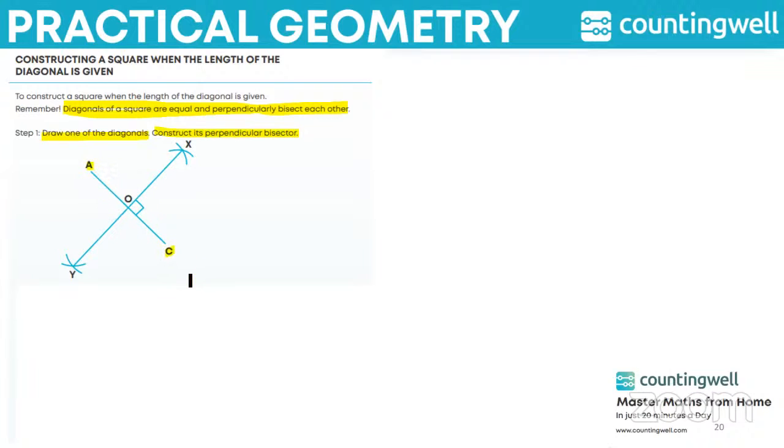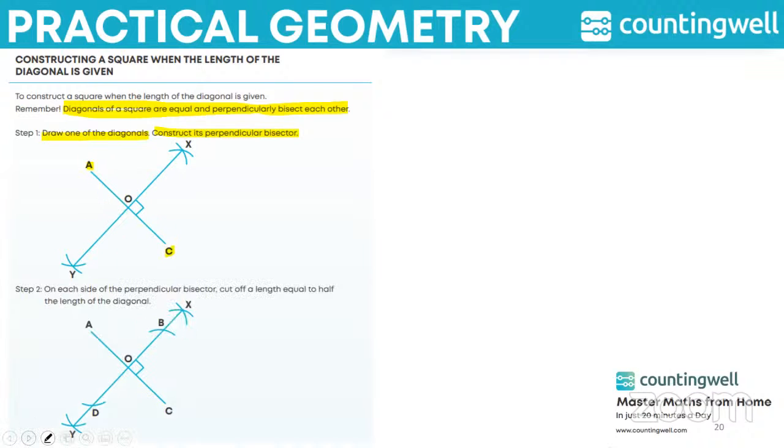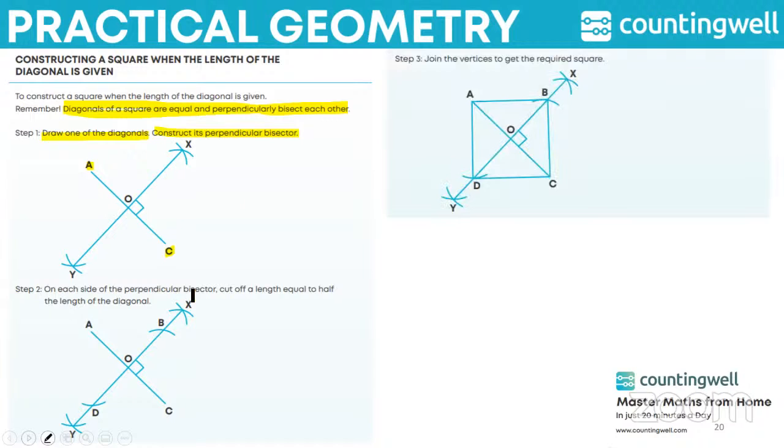For the square ABCD, you will have AC as a diagonal. Next, on each side of the perpendicular bisector, we cut off a length equal to half the length of the diagonal. Then we join the vertices to get the required square. So we have the square ABCD here.